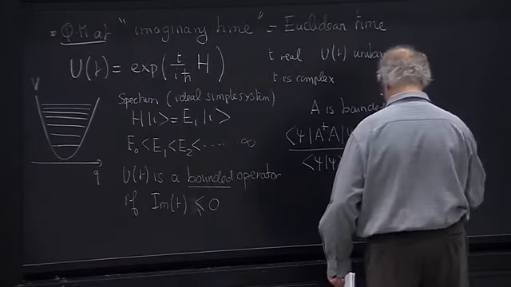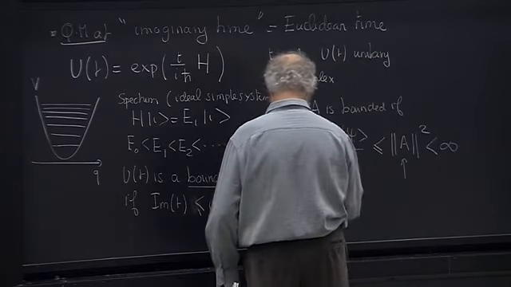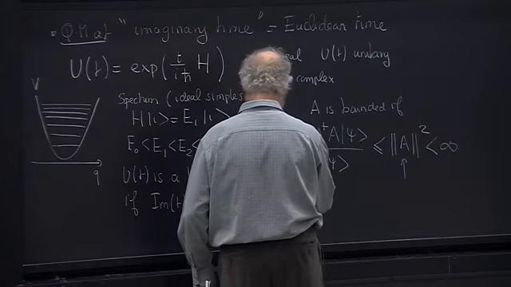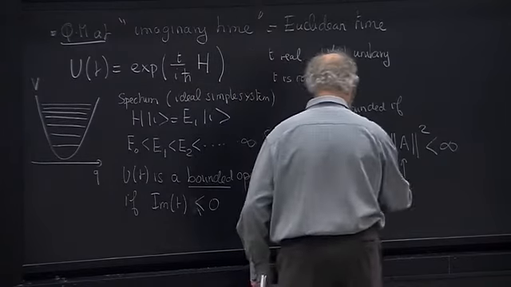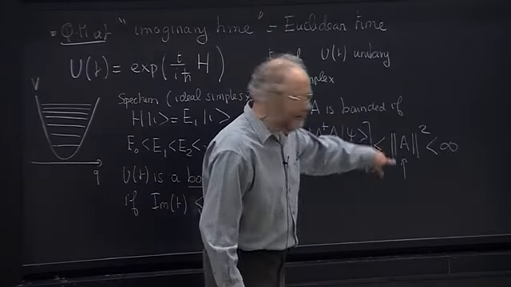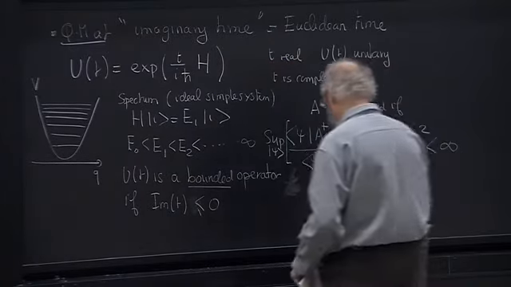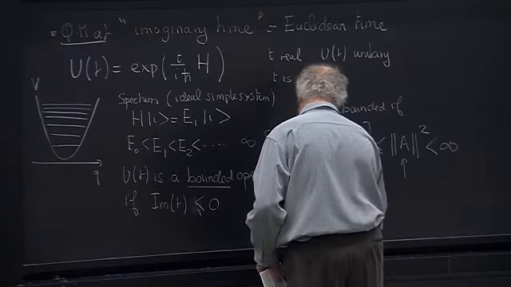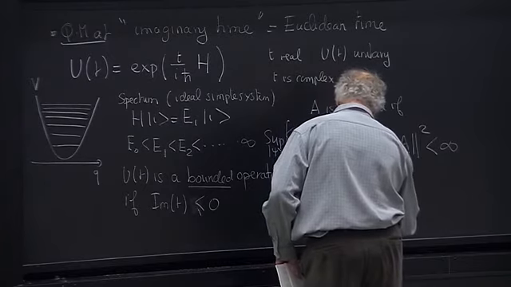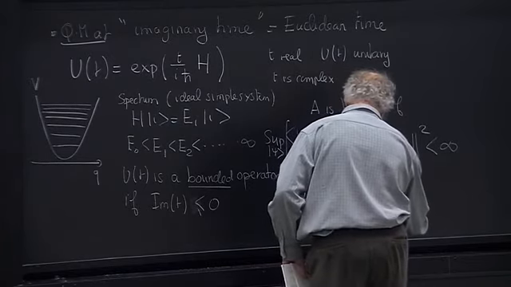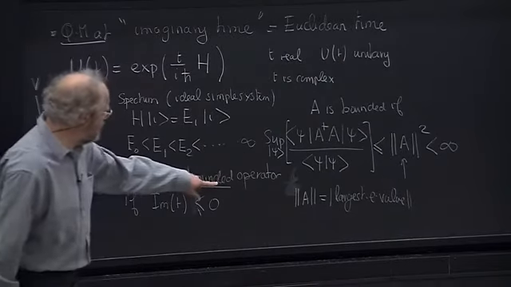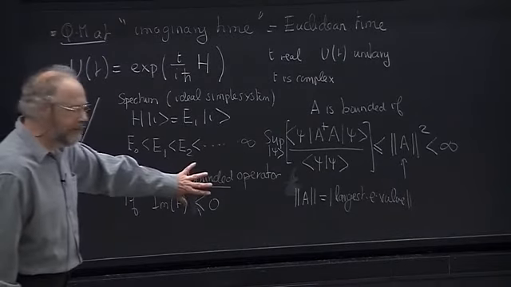So let's say the sup over all states of this object, if it is finite, is called the square of the norm of the operator. So basically, the norm of A is the norm of the largest eigenvalue of the operator. It's a bit more complicated for infinite dimensional operators, but basically this corresponds to this.